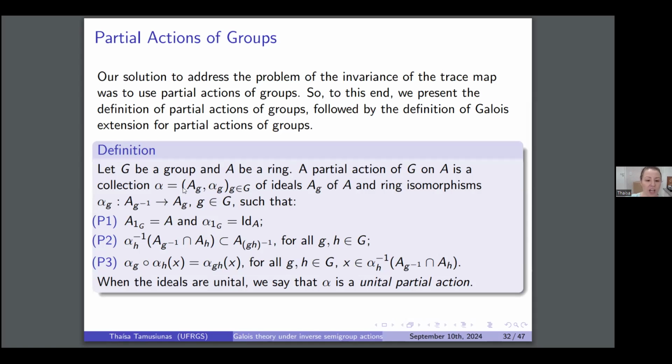So now consider G a group, and A is a ring. A partial action of G on A is a collection of ideals and isomorphisms between these ideals, such that the ideal indexed by the identity of the group is the whole ring, and this element identity is associated to the identity of the ring A.